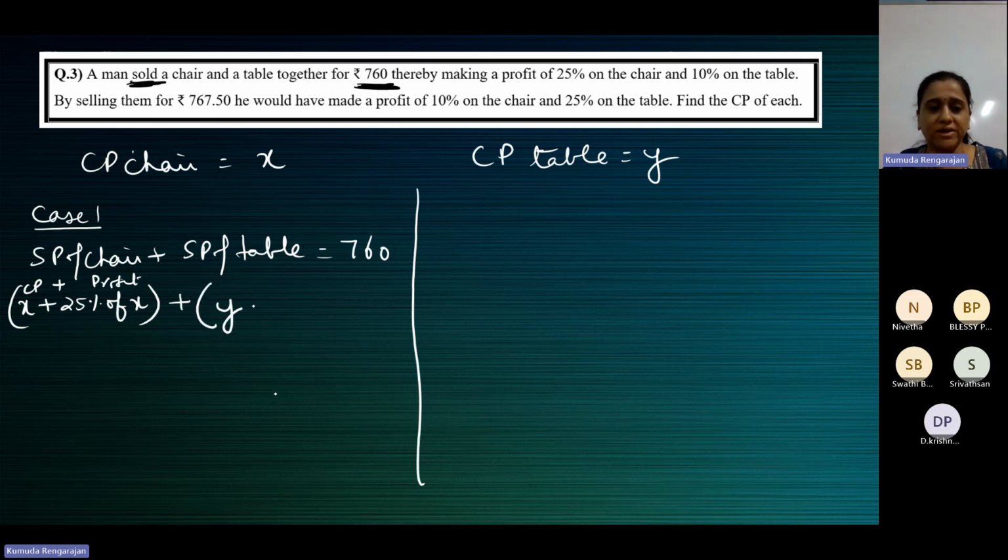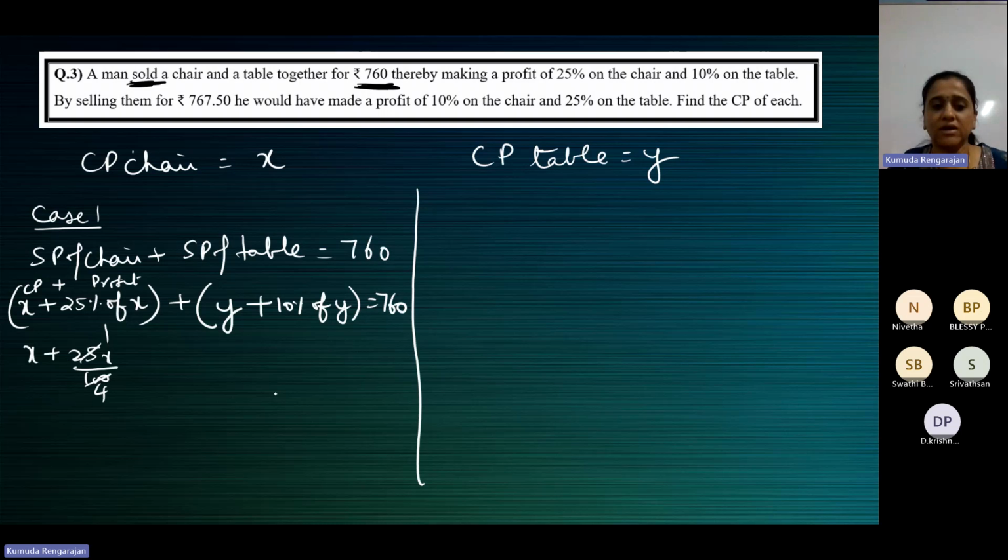Y is the cost price plus the profit, 10% of Y, is equal to 760. So X plus 25% means 25 by 100, so 25X by 100. You can cancel if you want. So it'll be X plus X by 4, so it'll become 5X by 4.